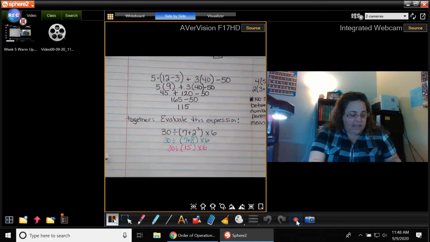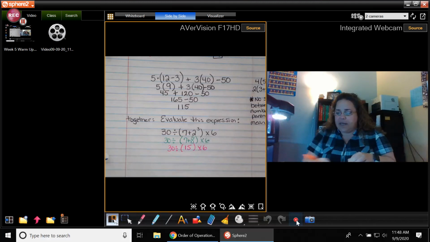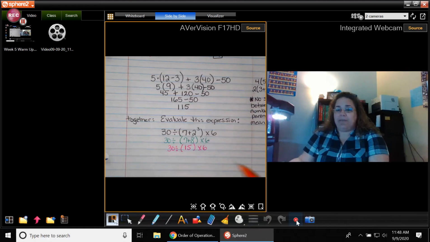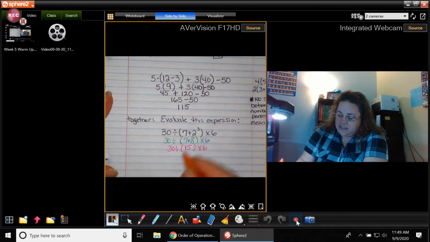All right, my next step, multiply and divide, right? So if I look at this problem and I say I'm working from left to right, I have to divide first, don't I? So 30 divided by 15 is 2.